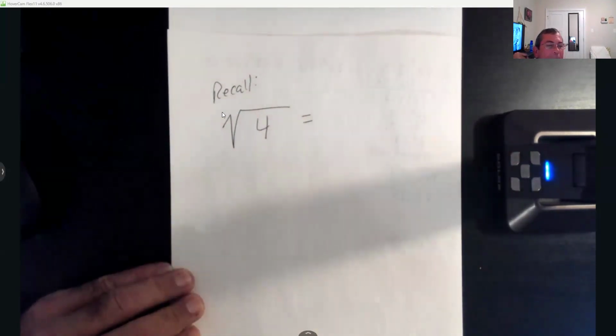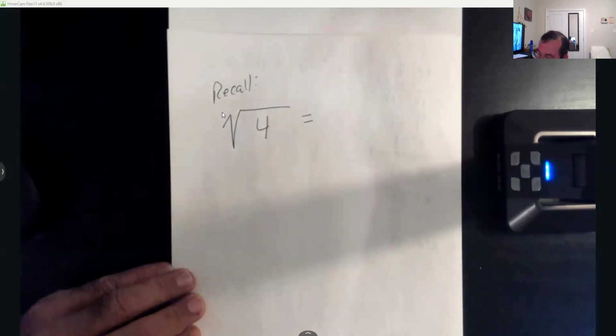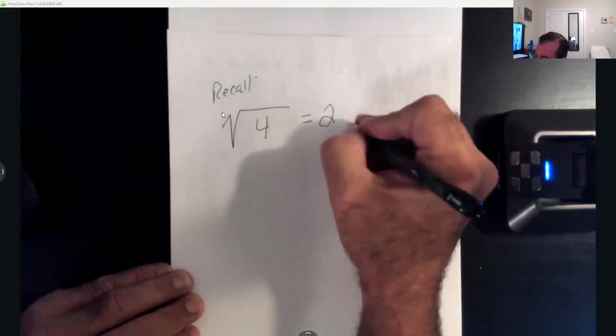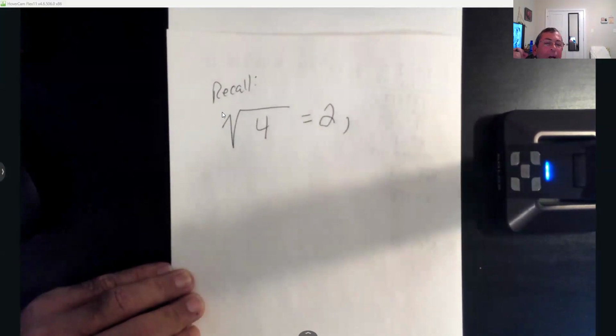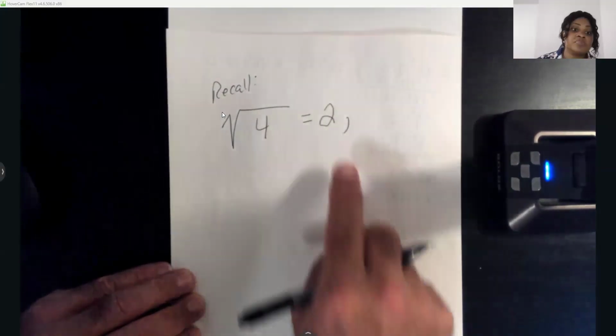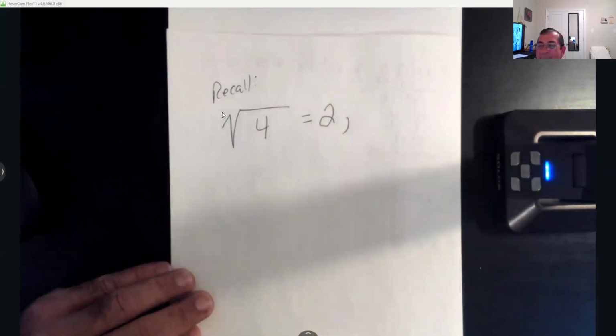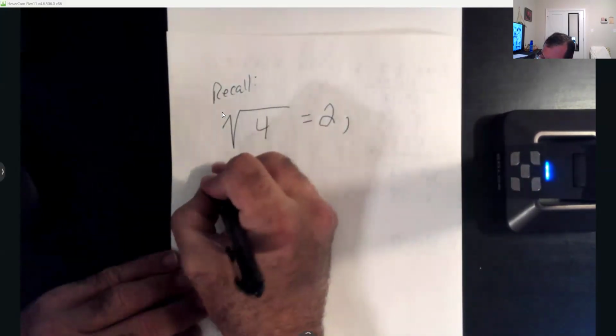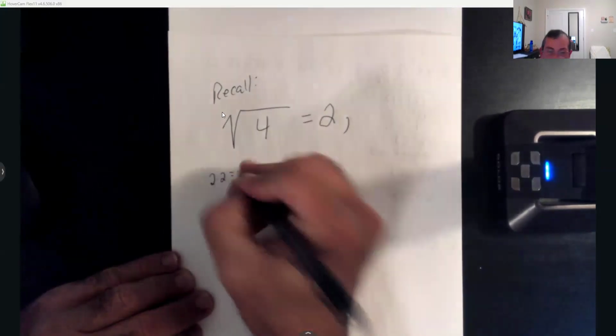So give me a square root of 4. Two. What is the other square root of 4? Oh, you got my 2 already. And that's because 2 times 2 equals 4. So that's a good one.